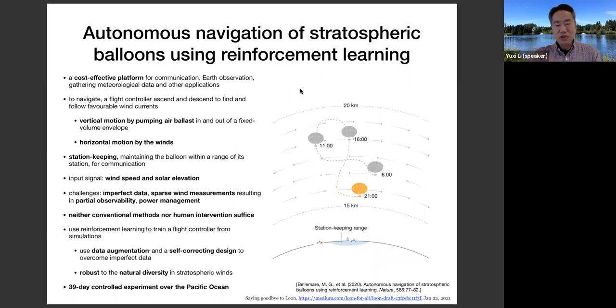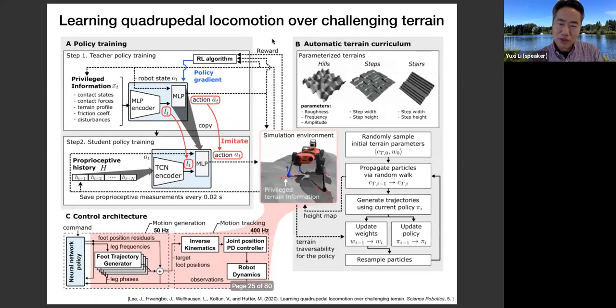This one from Google is about Loon balloons, making this work in real life. And this is a very amazing work in robotics for quadrupeds, and this one is blind, with no computer vision, but it works pretty well.